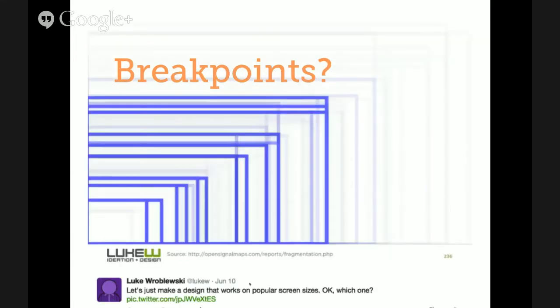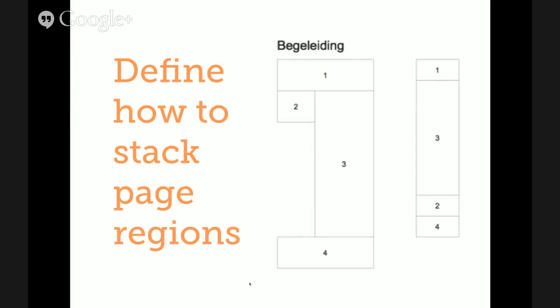Now, I don't think it's that useful to discuss specific breakpoints with the client. They don't necessarily want to understand about this. This is technical stuff, and really how many breakpoints can we handle anyway. What it comes down to is, I think, that you have to define how to stack all the page regions. In the end, for the smaller screens, you just have to find the hierarchy of which comes first.